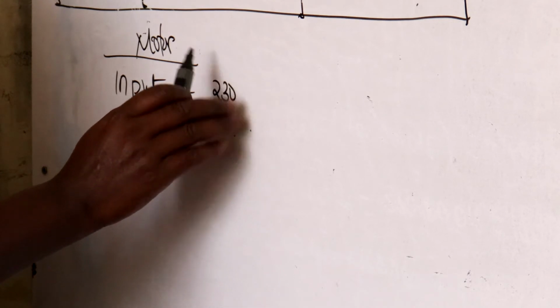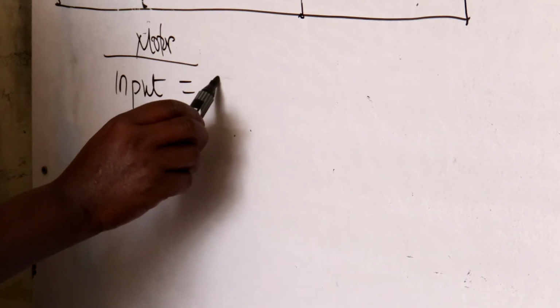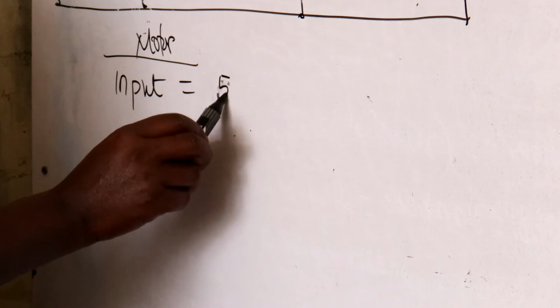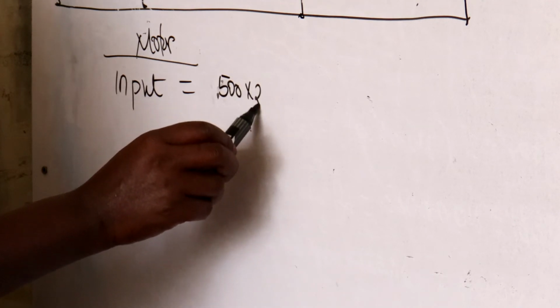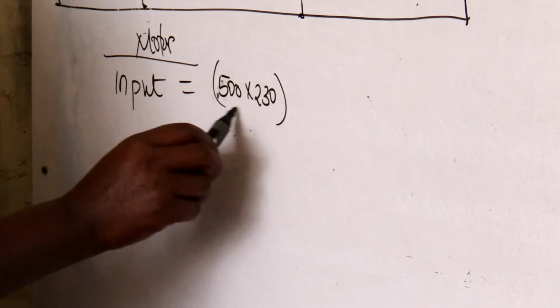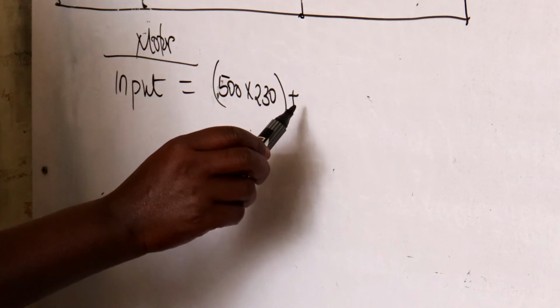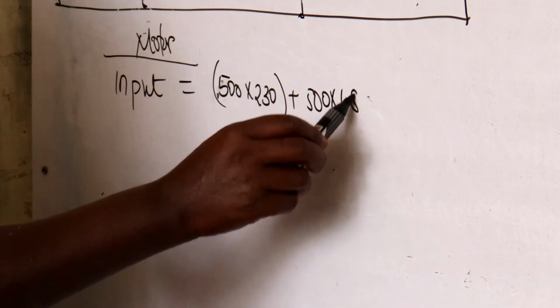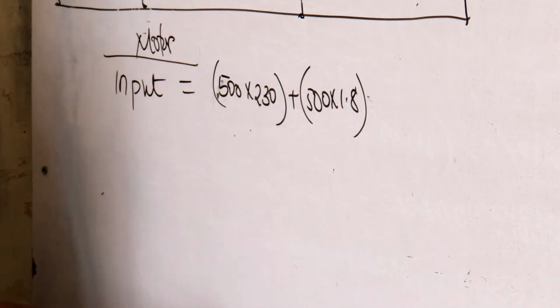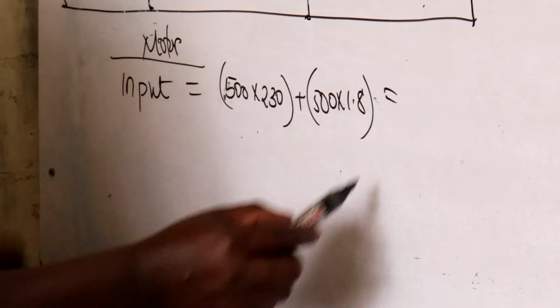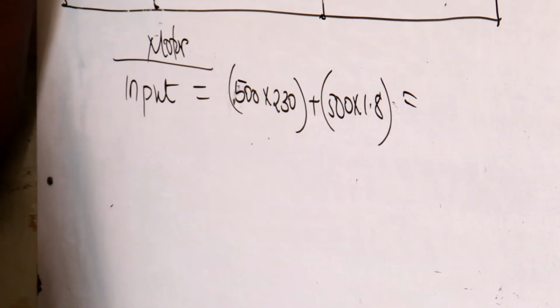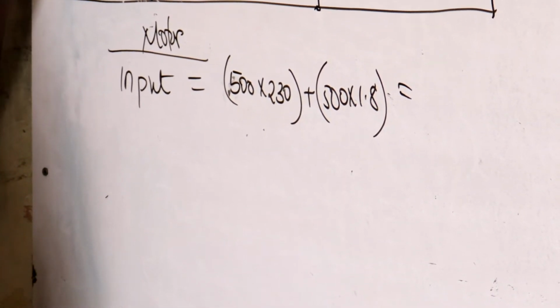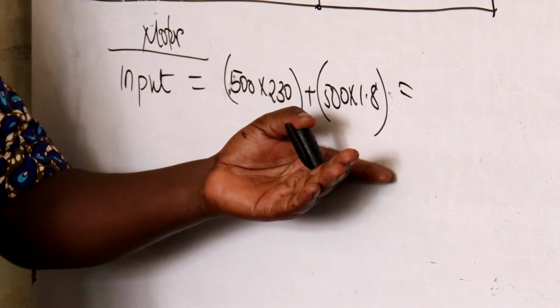Let me start with the voltage: 500 times 230, plus 500 times 1.8, that is the input to the field. So that's the total input to the motor.